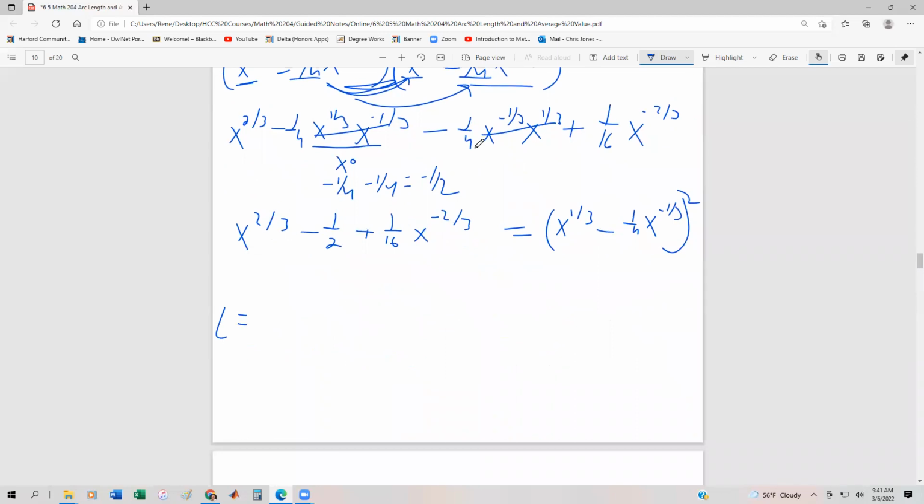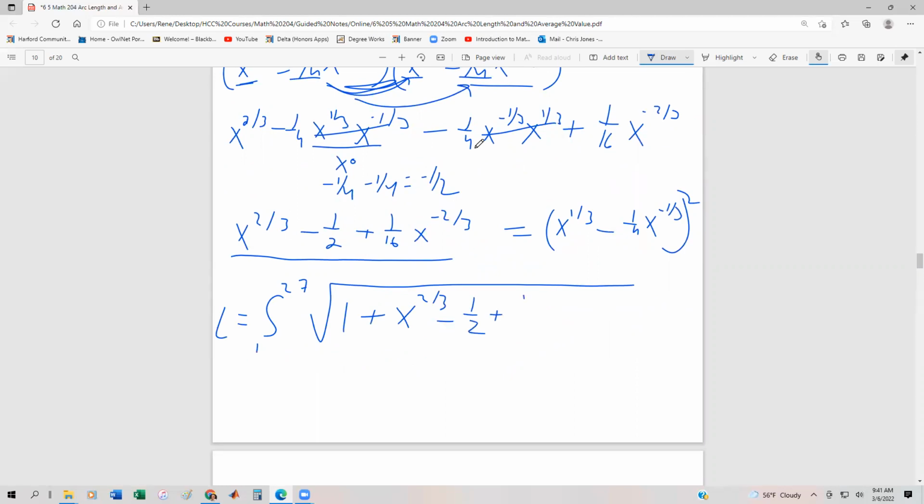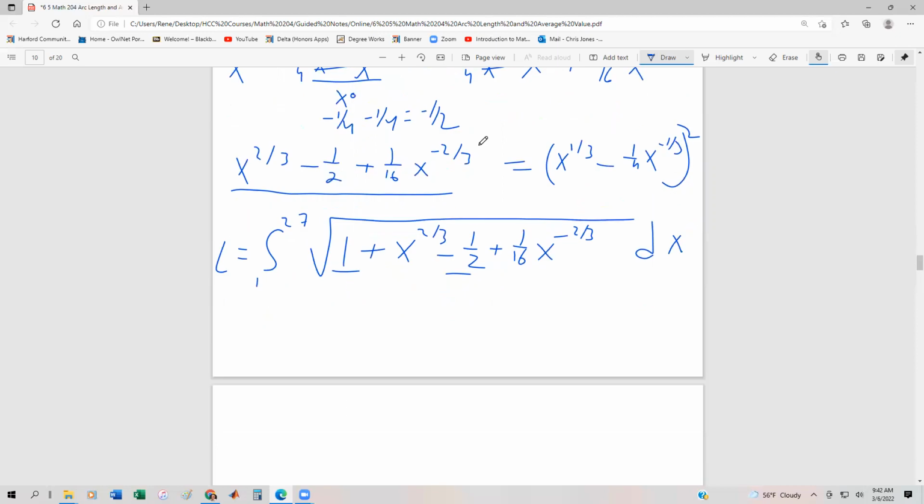So our length L is going to be equal to the integral from 1 to 27 of the square root of 1 plus what we just got, and the only thing that we can really do is just add the 1 and the negative 1/2.